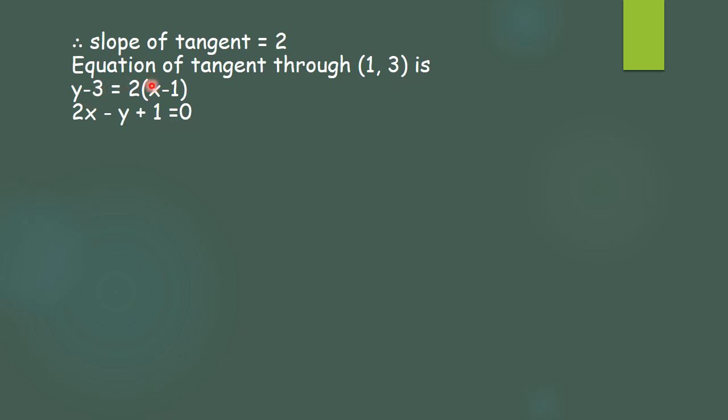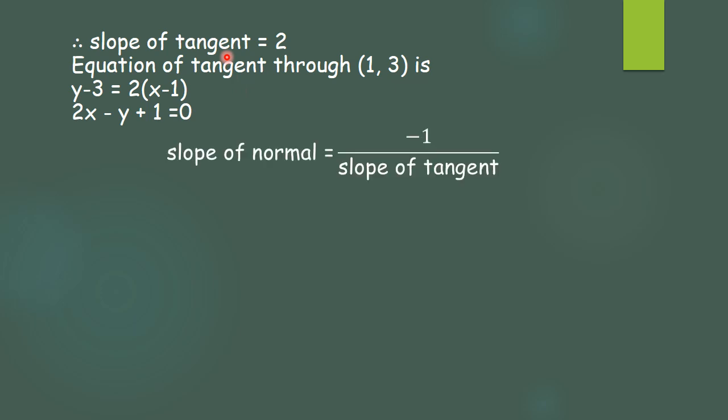So we get the equation of a tangent. Now we have to find out the equation of a normal. For that we require the slope of a normal. And the slope of a normal is always equal to minus 1 upon the slope of a tangent. So that will be equal to minus 1 upon 2.